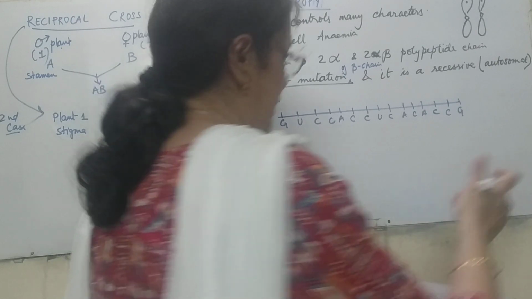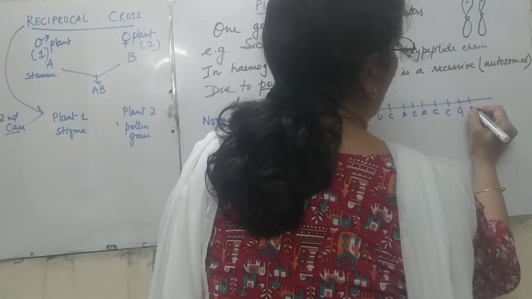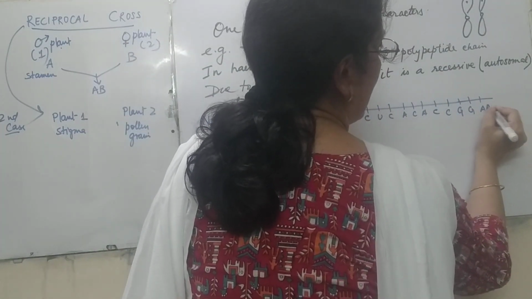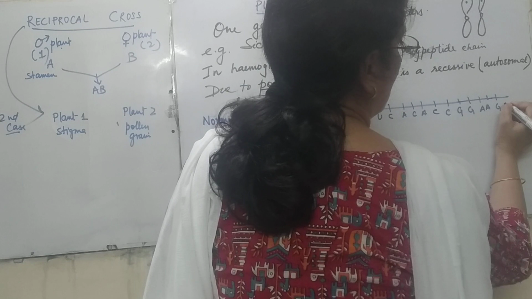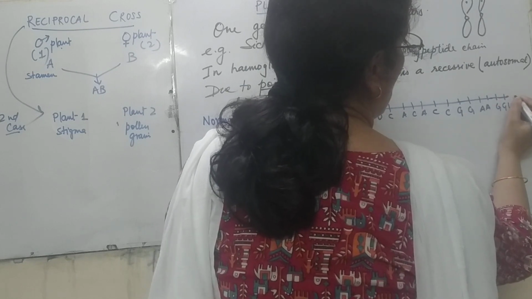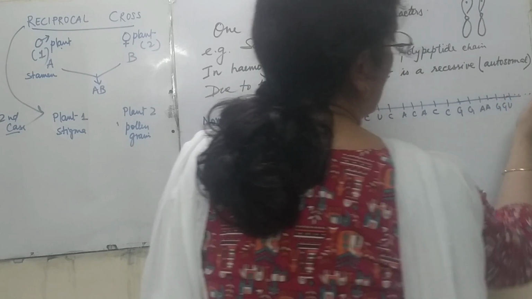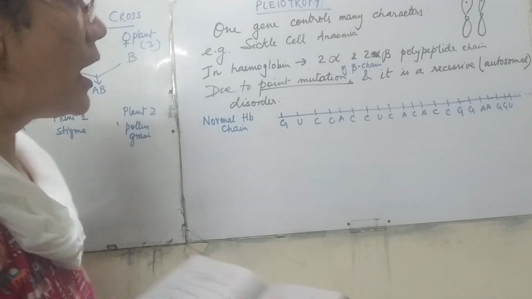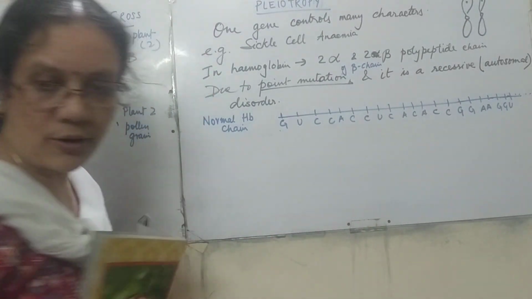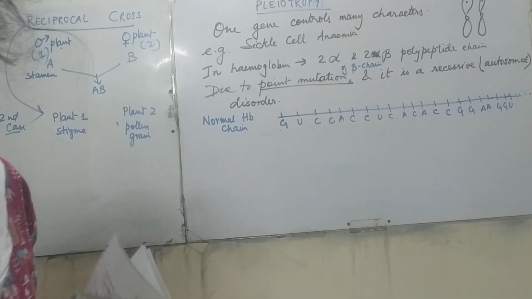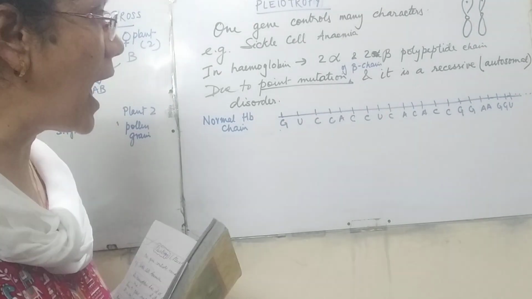and GAA. Again you have GAA, and the next one is GGU, and so on and so forth. It keeps on continuing. Now I have told you previously that a set of three nitrogenous bases codes for an amino acid.